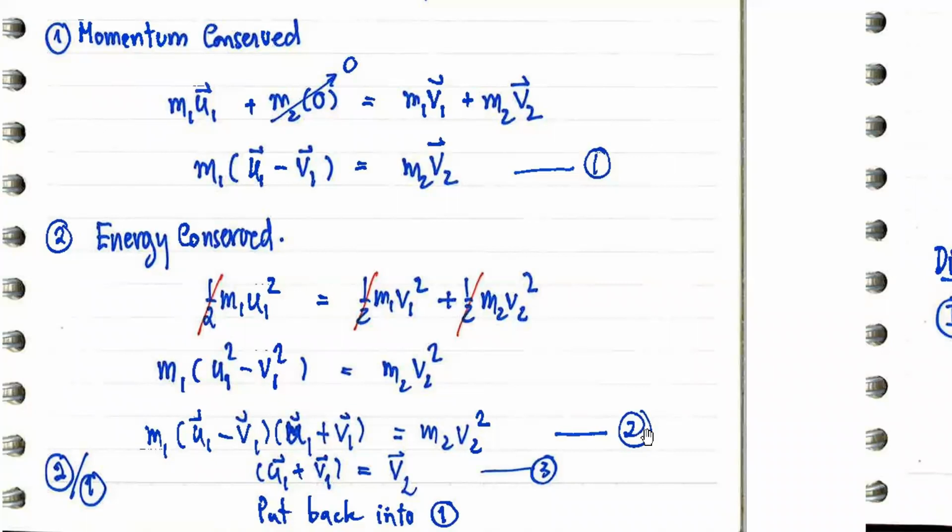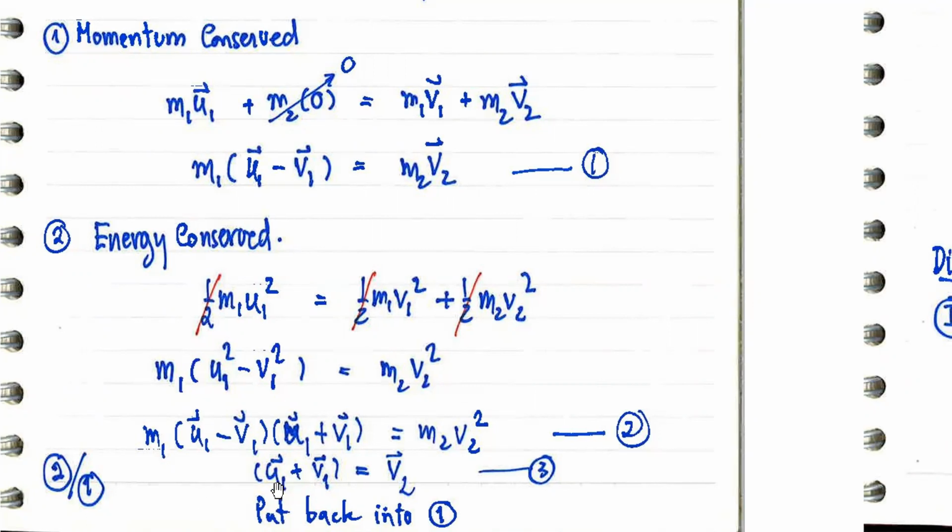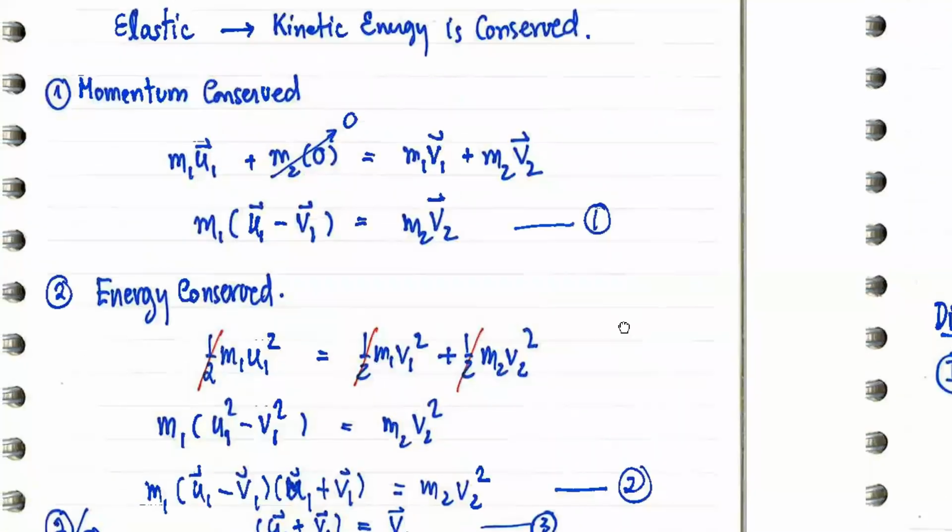You can put the second equation up top and divide by the first equation, and m1 (u1 minus v1) cancels out on the left, and m2 v2 cancels out on the right. What you have left is u1 plus v1 equal to v2. You can eliminate v2 and find v1 by putting this back into equation 1.